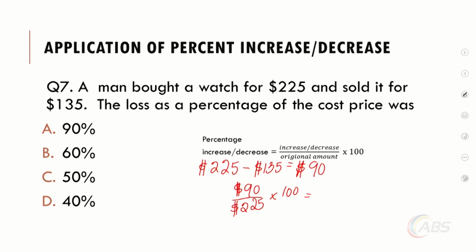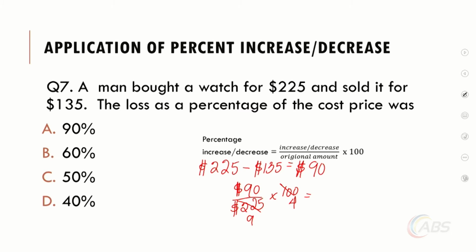Okay? What we're going to do in order to simplify is we're going to divide the 225 and the 100 by 25. We know that 25 goes into 100 4 times, and 25 goes into 225 9 times.